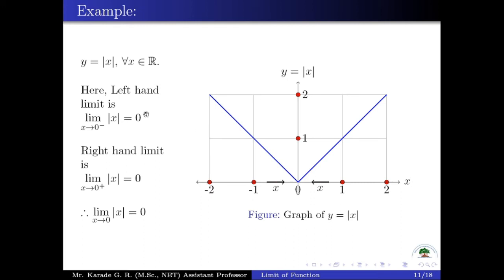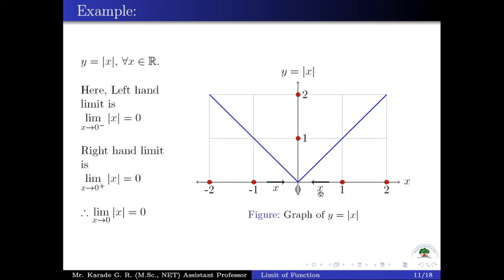The limit of mod x is 0 when x tends to 0 minus. This is the left hand limit of the mod x function, and that left hand limit is 0.